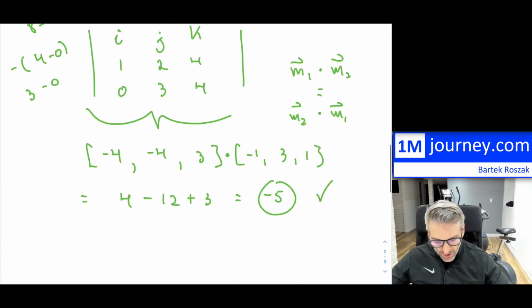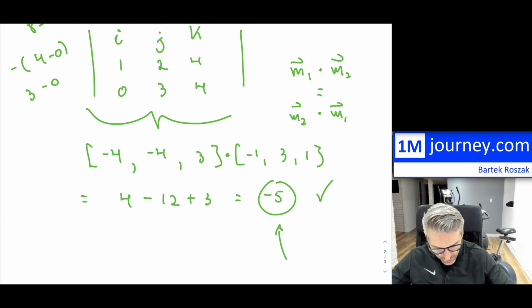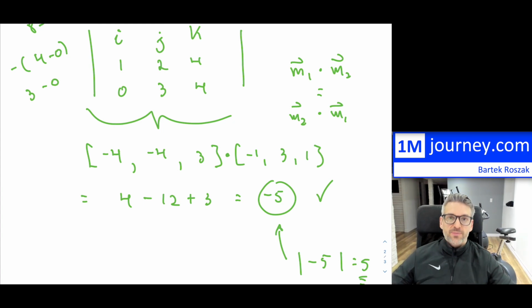Now, if you wanted to find out what the volume made up of these 3 vectors would have been, then you would have just taken this. Of course, because it's volume, we would have to take the absolute value. So this would have been 5 of whatever units this parallelepiped would have been set up as.